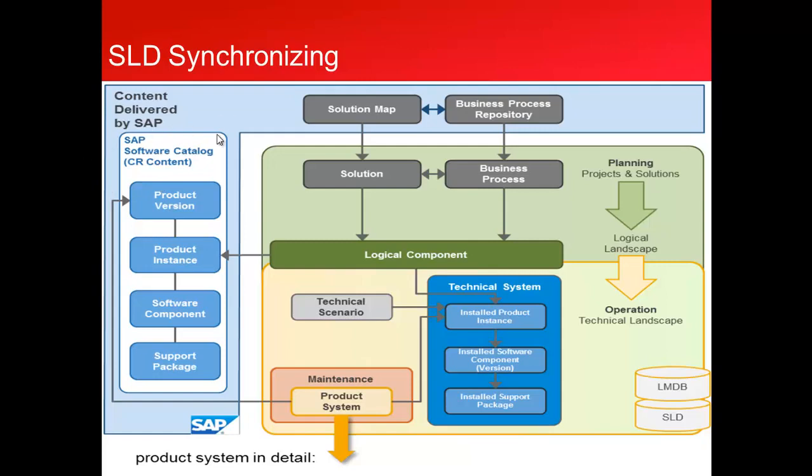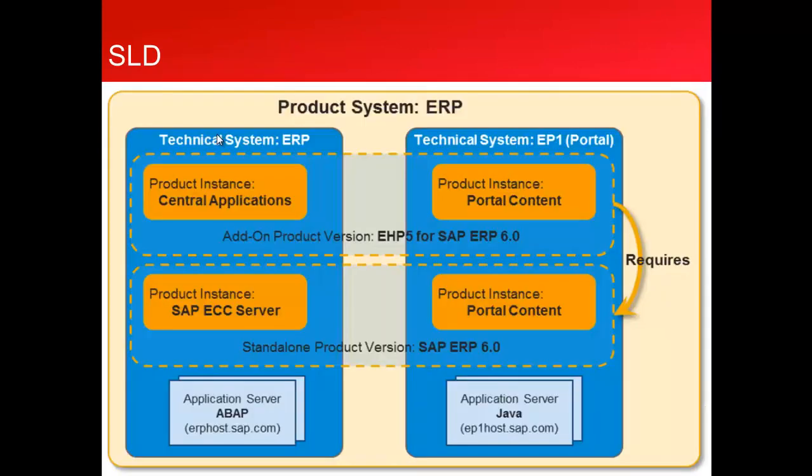Say for example, ERP is one application. Then you have CRM as another application. So they are called product versions. There could be standalone product versions, could be add-on product versions. So let's see the product versions.